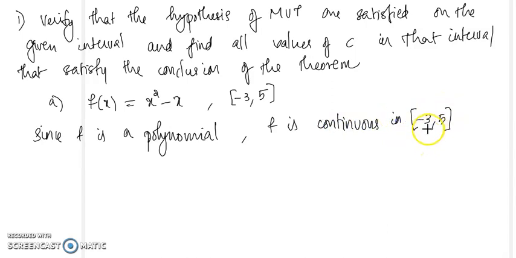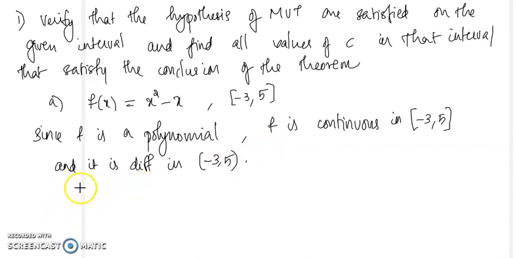It is continuous and differentiable on the entire real line, and it is differentiable in the open interval minus 3 to 5. The entire real line is differentiable, but that is the only requirement for the mean value theorem. So both the conditions of mean value theorem hold.